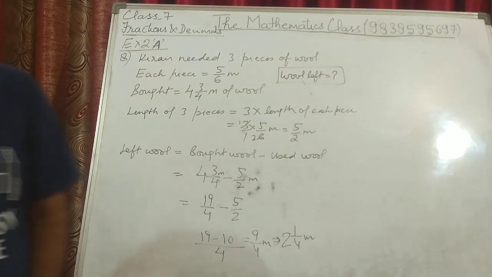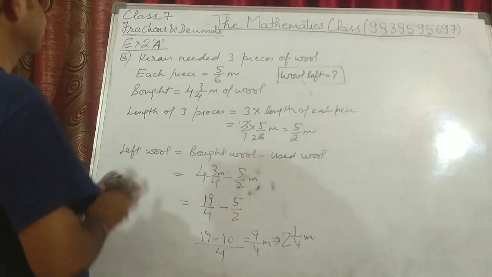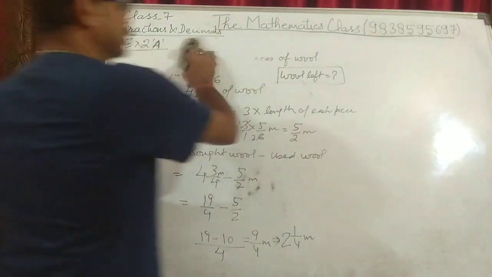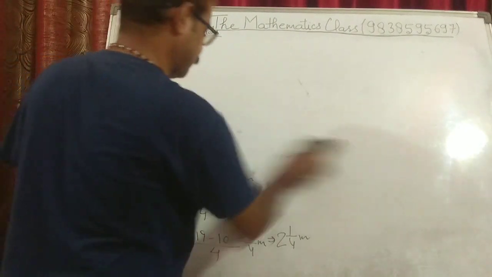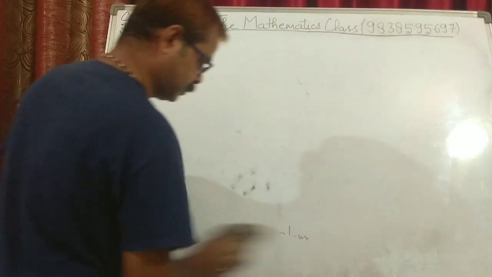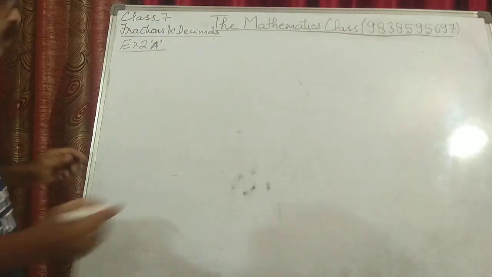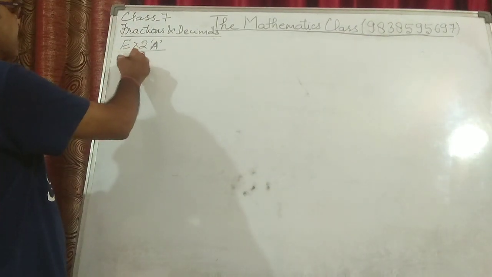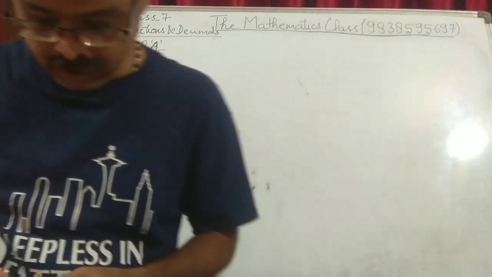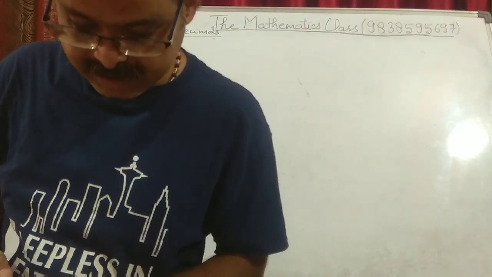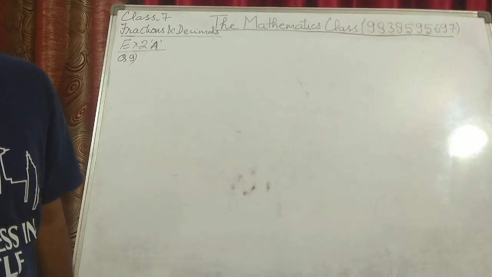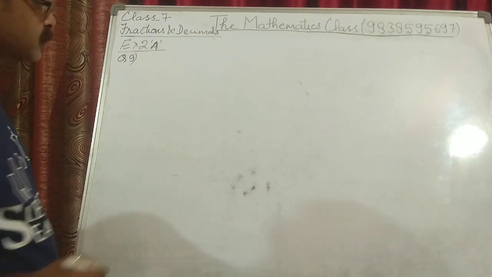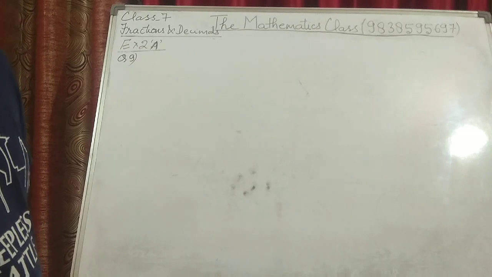Now we move on to question number 9. Now the ninth question is: what portion of a sari can Zainab paint in 1 hour if it requires 7 hours to paint the whole sari, in 2.5 hours?